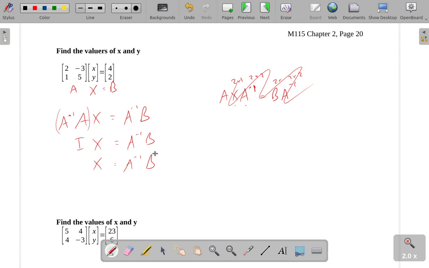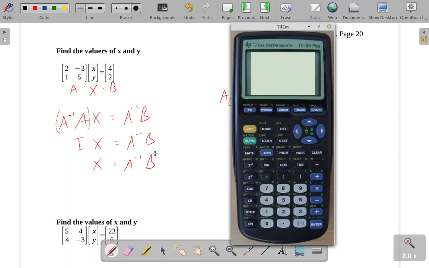So in this instance, if I wanted to solve this matrix equation, I'm going to call this one A, so I'm going to put that into my calculator. Edit, to -315.